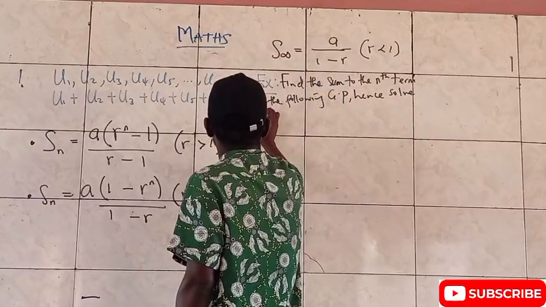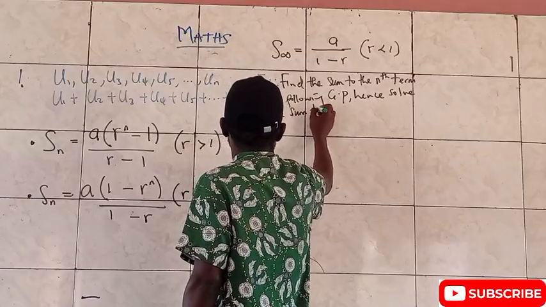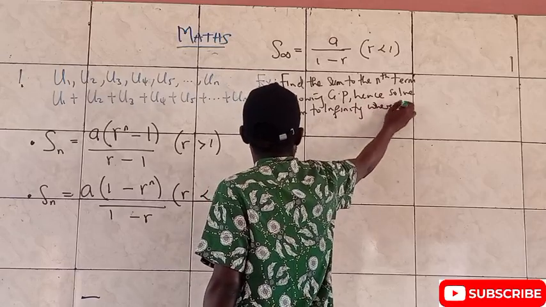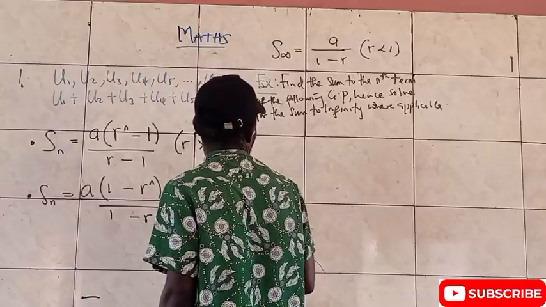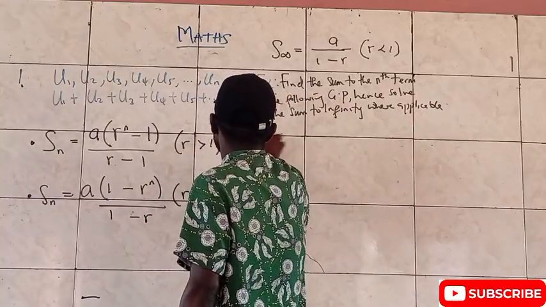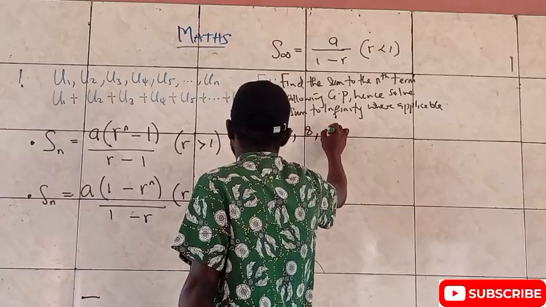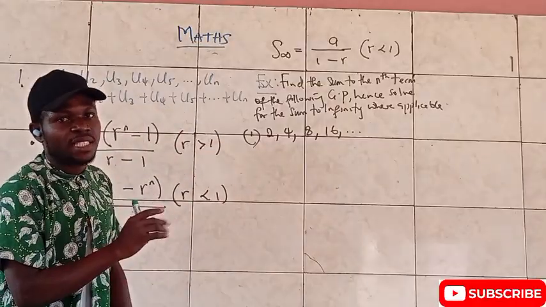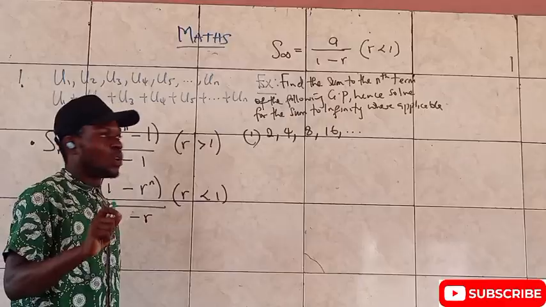Solve for the sum to infinity where applicable. See number 1, a very simple example. Note that it's very simple does not mean it's not applicable. It doesn't have to be as difficult as it is. This is a very, very simplified example that you can easily use in solving your workout.